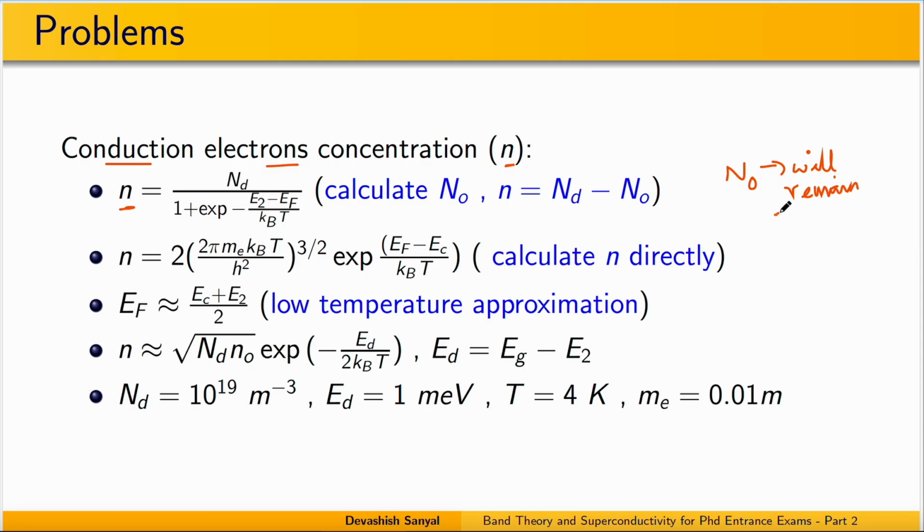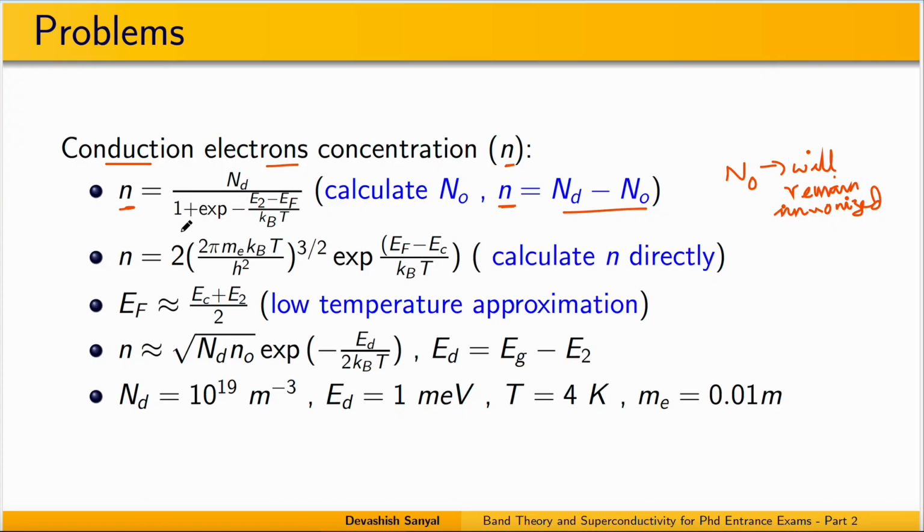Since it will remain unionized, the number of ionized donors will be ND minus N0, and that is exactly N. So first you calculate N0, then ND minus N0, and you get N.